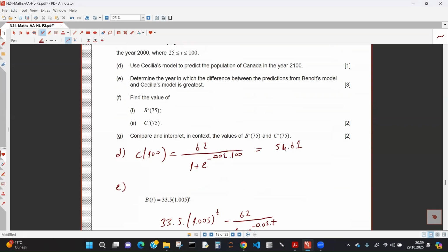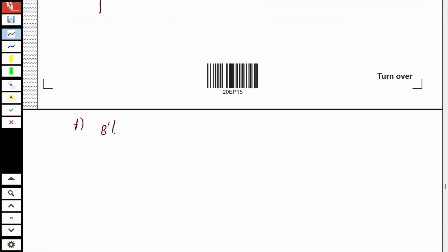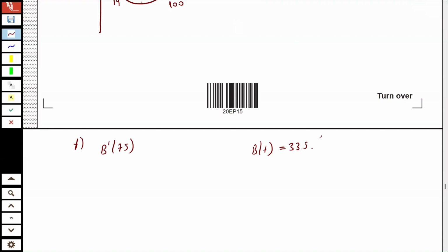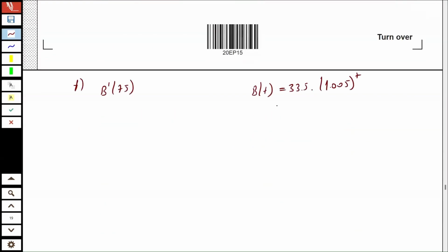The question: we find the value of the derivative of B at the point 75. The B function is here, 32.5 times 1.005 to the power of t, and we need the derivative of this. Actually, in your TI file, you can find this directly, but I will write first the derivative of this function.